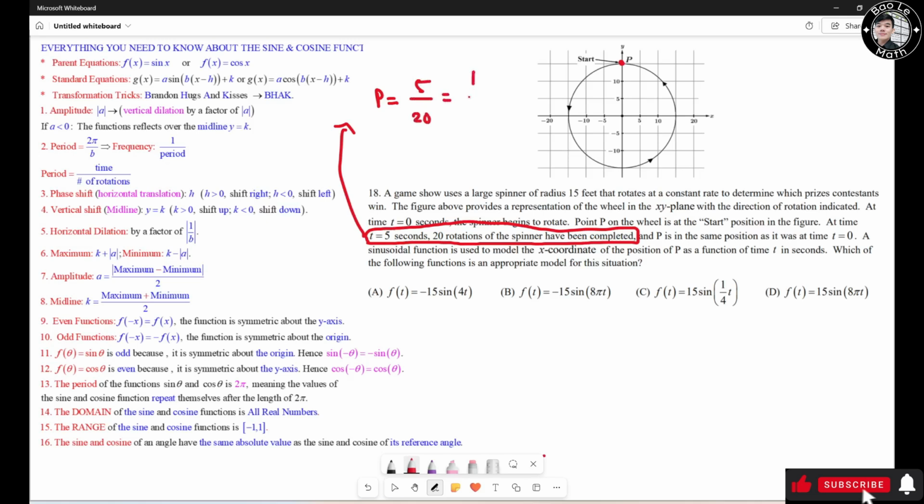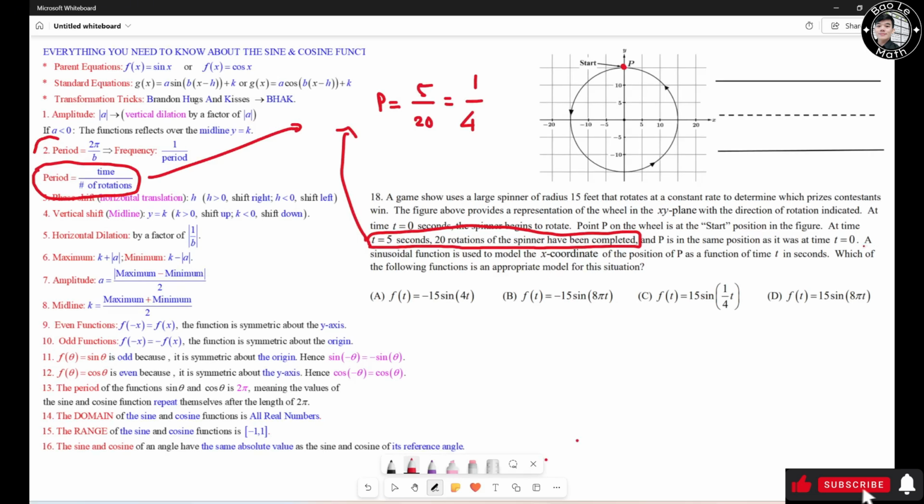So it's going to be 1 over 4. Remember, we need to use this formula right here to find the period. Which of the following functions is an appropriate model for this situation? Take a look at this one.